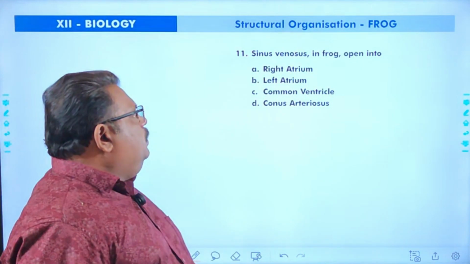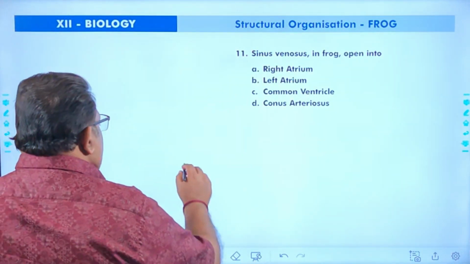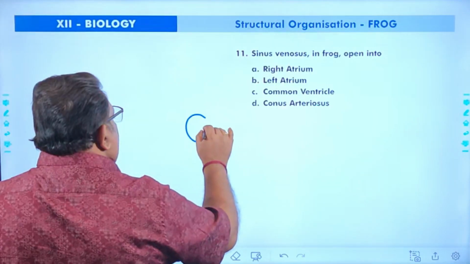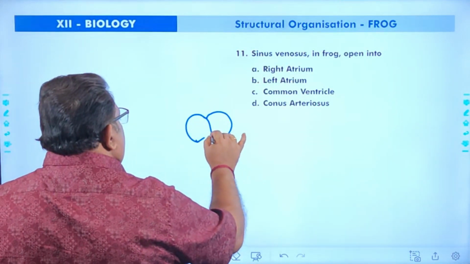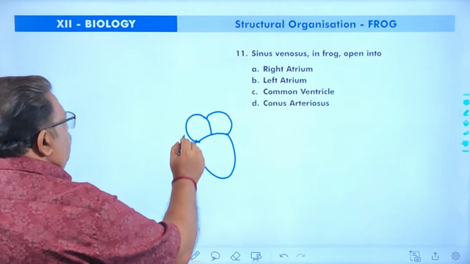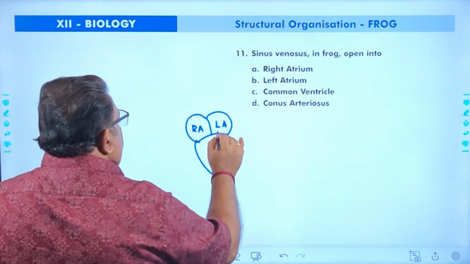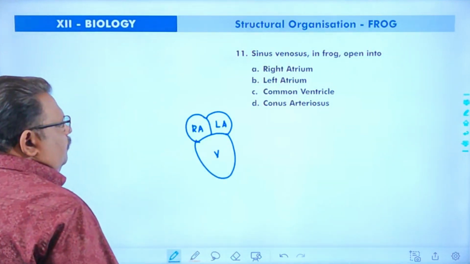Next question. Sinus venosus in frog open into. You see, the heart of the frog is 3 chambered. It's a triangular one. There is a right atrium, left atrium, and a common ventricle.